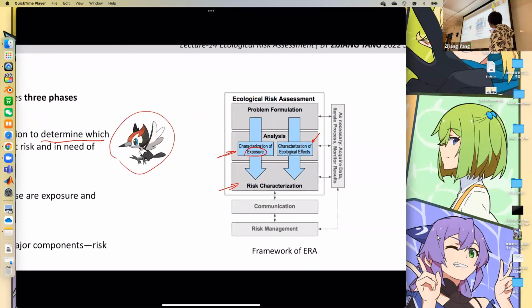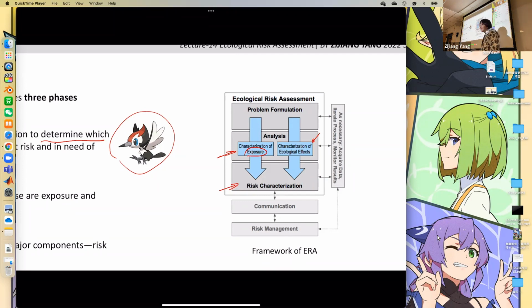After the risk assessment, we want to communicate with the landholders or the government, and then we can have a final plan of risk management. But we can see that this process is not a one-way process. We may go back and forth to finish it.